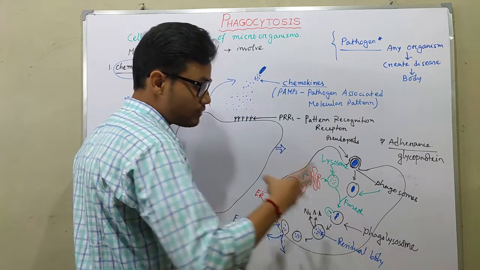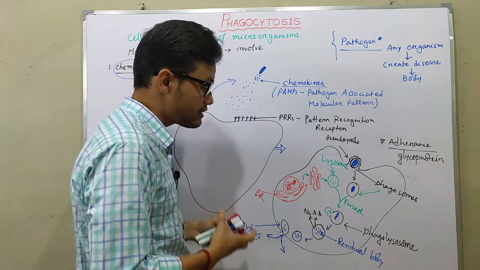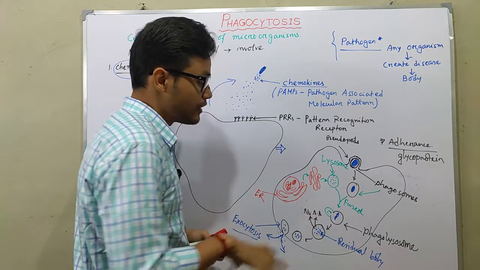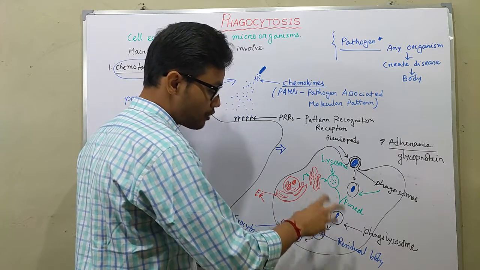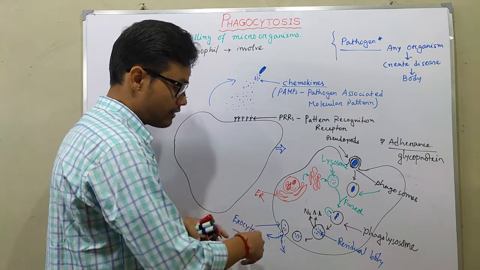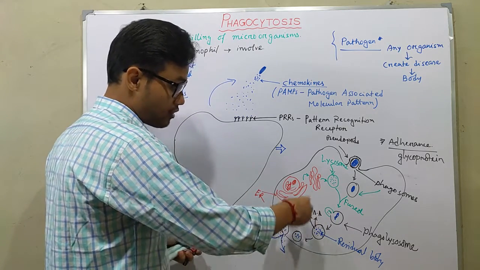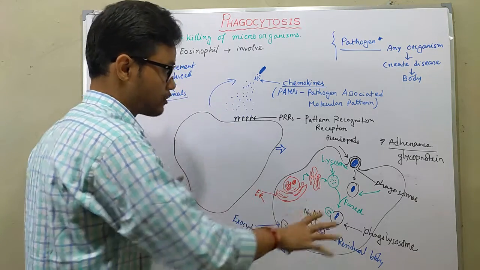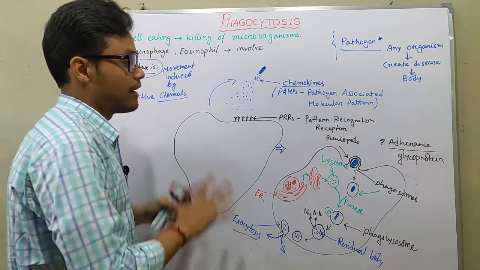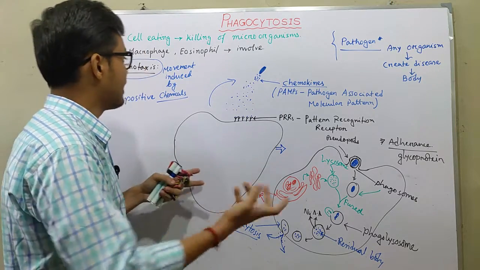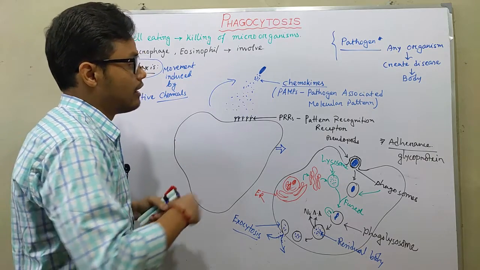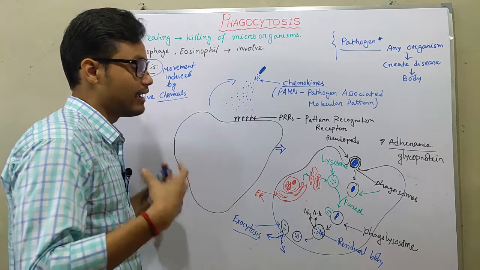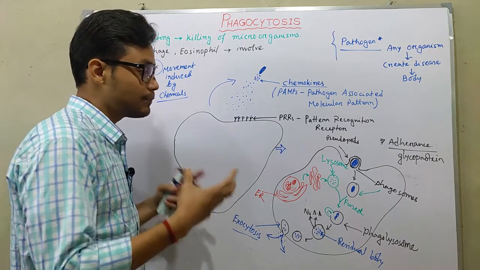Then the phagolysosome digests all the microorganisms, and nutrients, amino acids and minerals are absorbed within the cell, and after that those residual bodies are produced, fused with the plasma membrane and leave out from that cell. So this is the process of phagocytosis, by which a phagocytic cell like a macrophage or eosinophil in this case digests a pathogen or microorganisms, and it protects us from diseases.